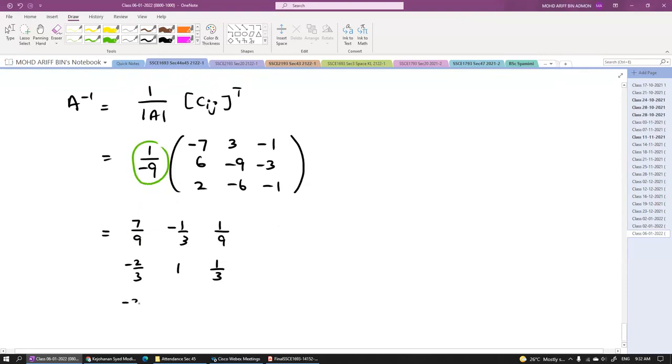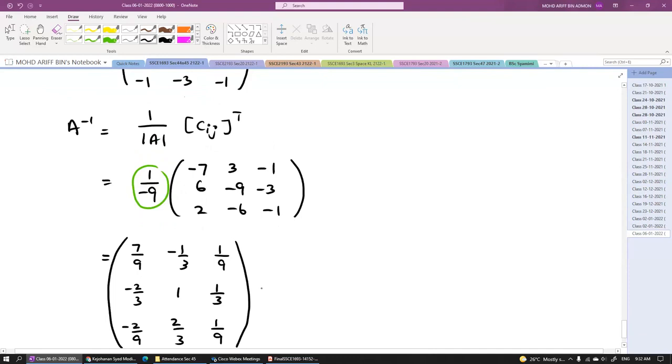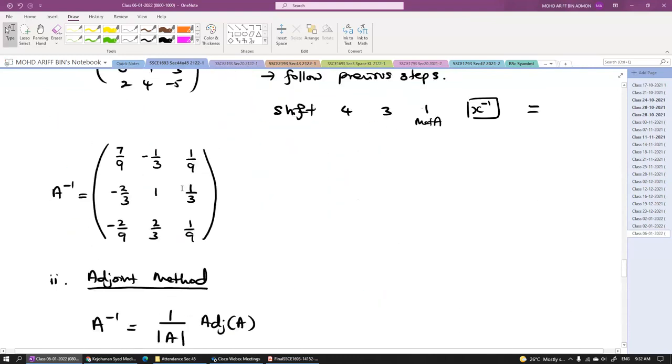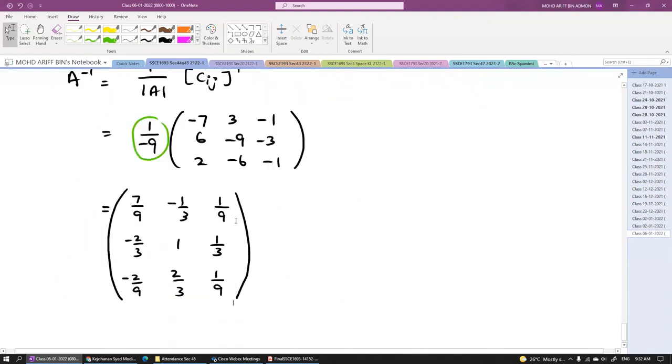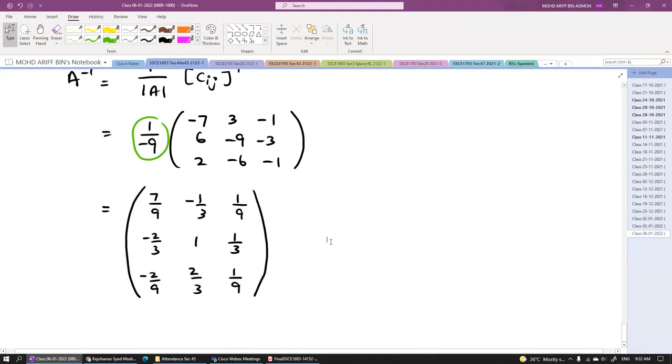Then 2 over 9, positive 2 over 3, and the last one, 1 over 9. You can compare to the inverse that you calculated using the calculator. Is it similar? Yes, sir, similar. It should be similar.